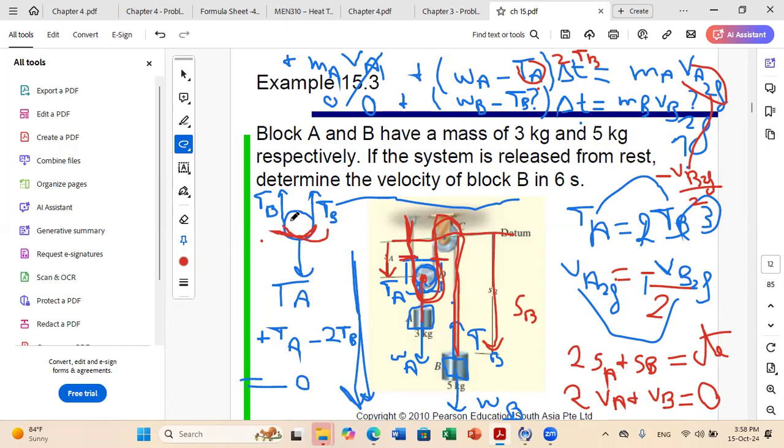And because it's massless, if you do sum of moments about this point, you get zero. So since sum of moment about this point is zero, the force here should be equal to the force here. Whenever you have massless and frictionless pulleys, and they don't mention anything, you can consider these assumptions. For massless and frictionless pulleys, the tension is the same over the cable.